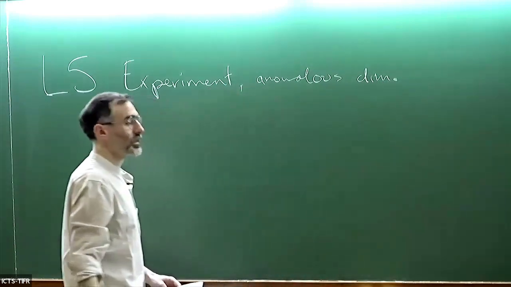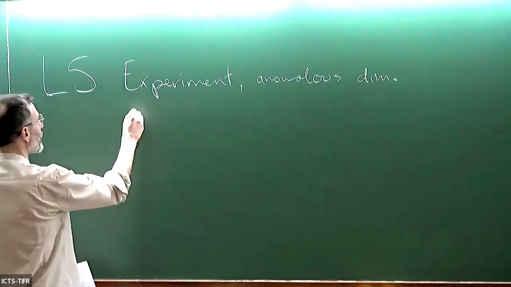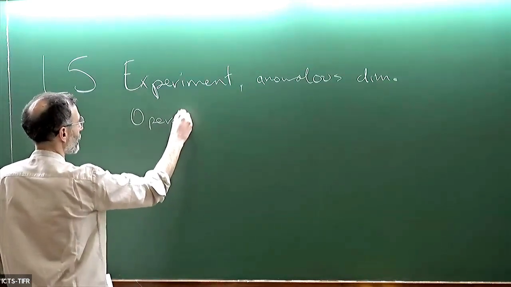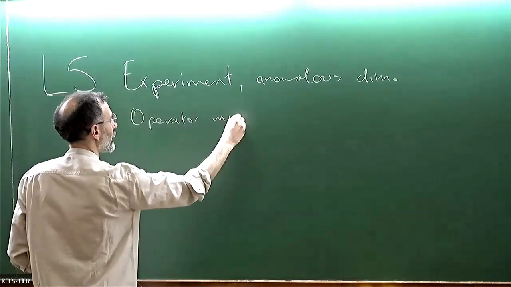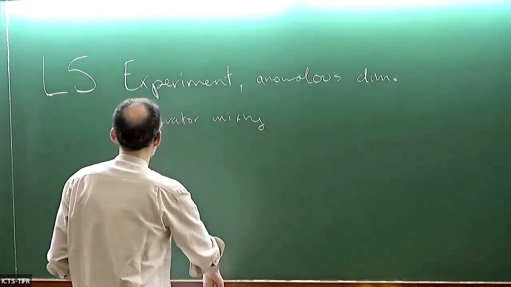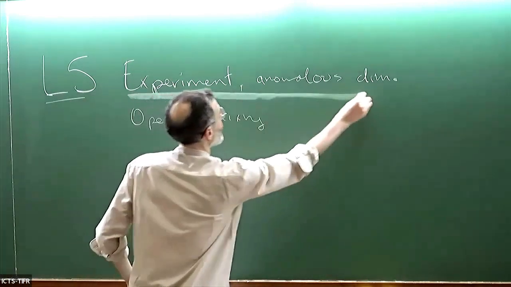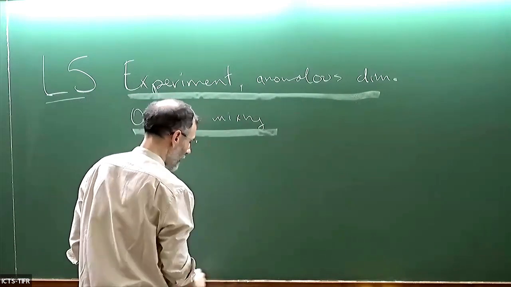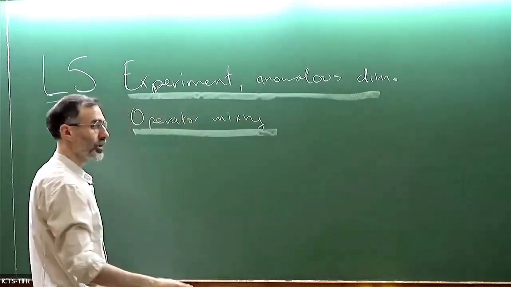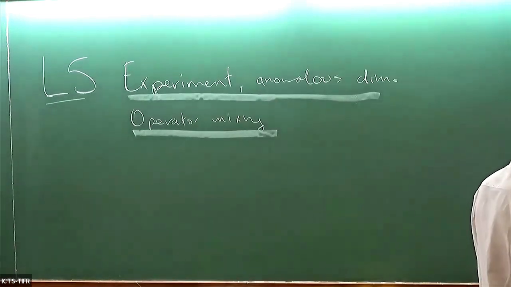And time permitting, we'll have at least a few words for operator mixing. And we'll try and bring everything together and give a prediction, all the way connecting the infrared and the UV, for one of the models we matched onto.